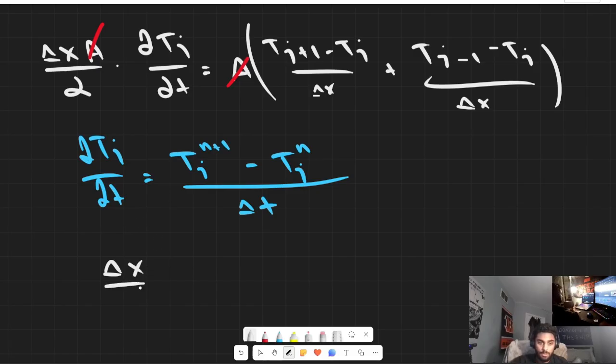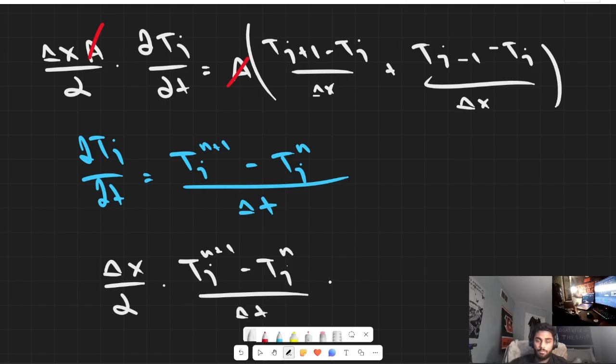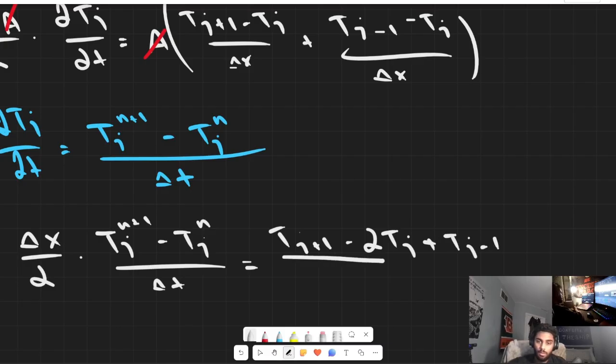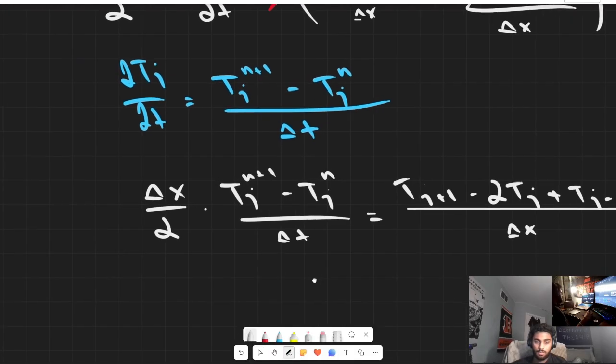So delta x over that times Tj^(n+1) minus Tj^n over delta t equals, and now let's write it out, Tj+1 minus 2Tj plus Tj-1 all over delta x.